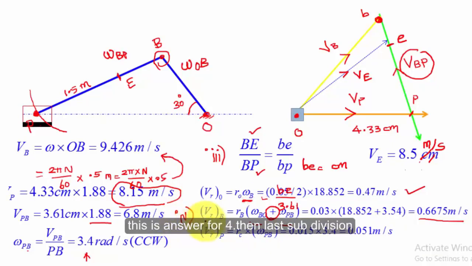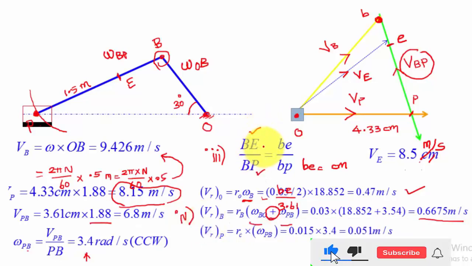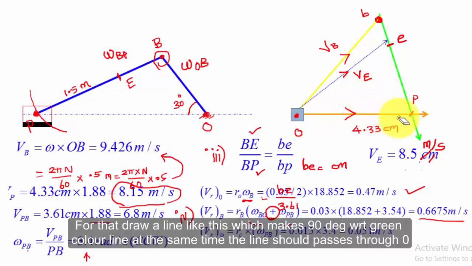Then the last subdivision, we need to find the velocity of point G on the connecting rod in such a way that it will make the least velocity with respect to point O. For that, draw a line like this which makes 90 degrees with respect to the green color line.